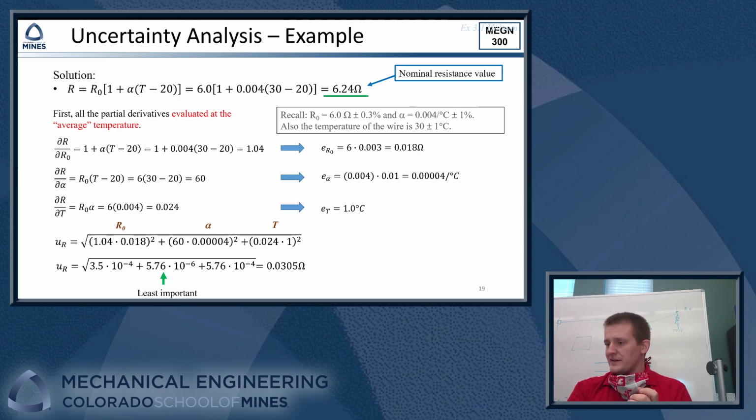Now we need to calculate the error, the plus or minus after the nominal value. So 6.24 ohms plus or minus how many ohms?